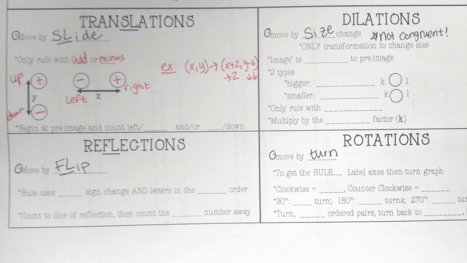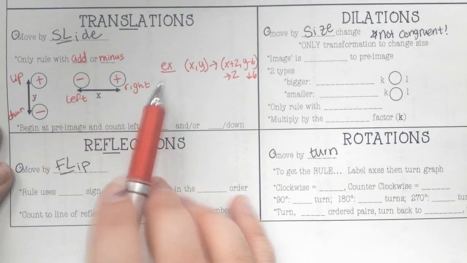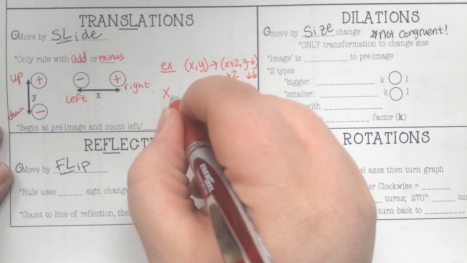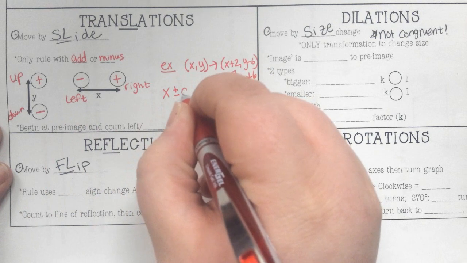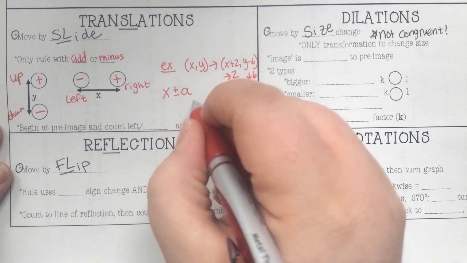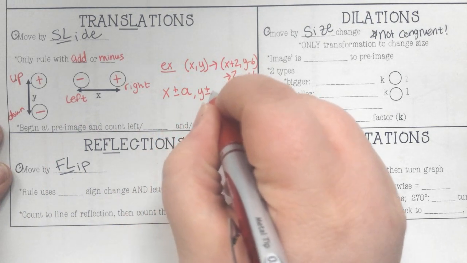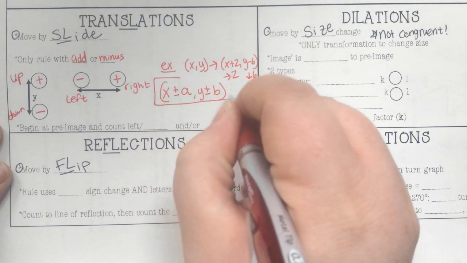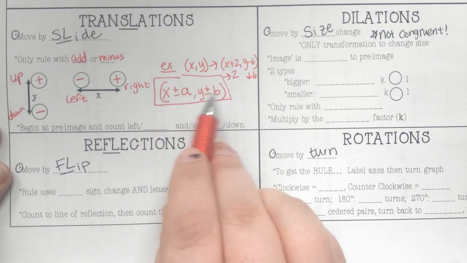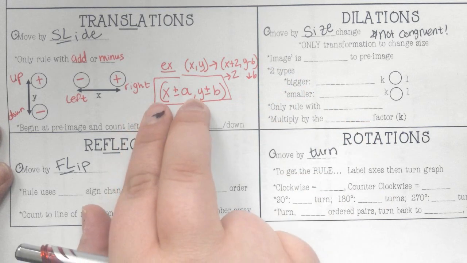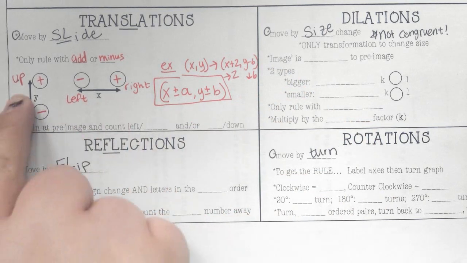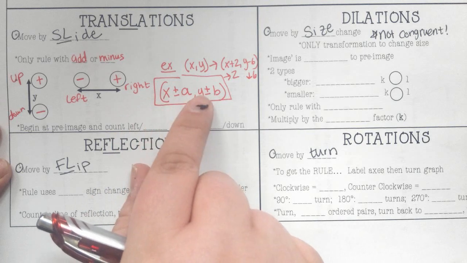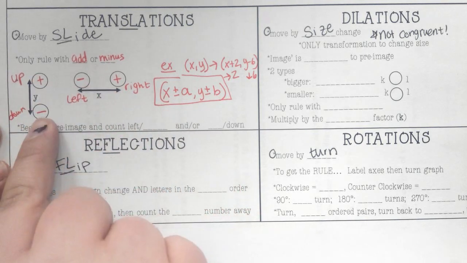Okay? Now that's the rule, so x plus or minus some number, we usually call it a, and then y plus or minus some number, we usually call it b. That was the general rule where a and b are just in place of numbers. x and y tells you which axis you're moving on. The plus or minus tells you which direction you're moving on that axis.